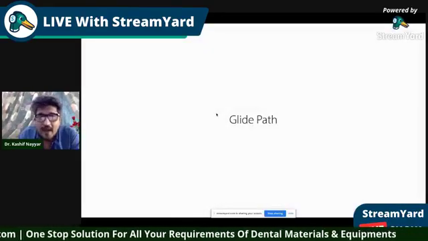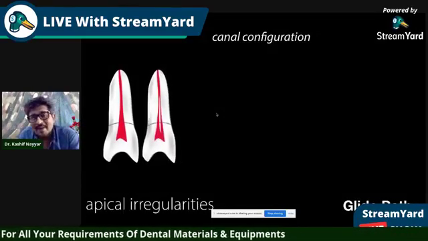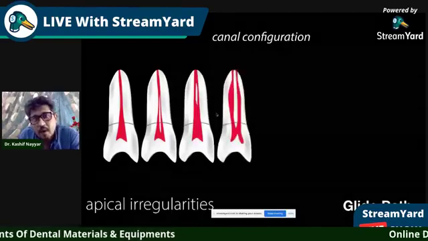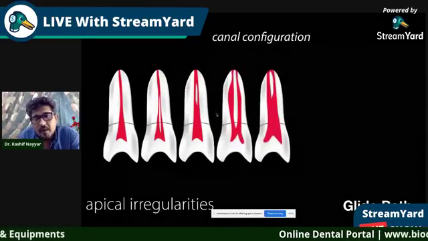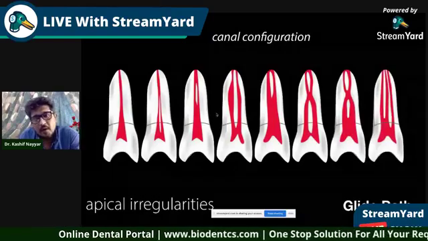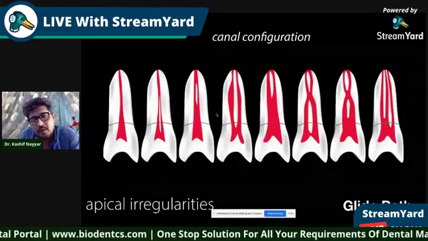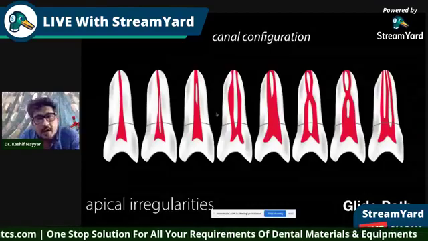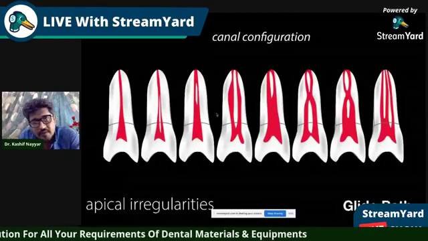And for that, we have to understand the canal configuration determined by Vertucci. Because this tells us how many irregularities a canal may have in the middle or in the apical section, which can eventually interfere with the glide path.